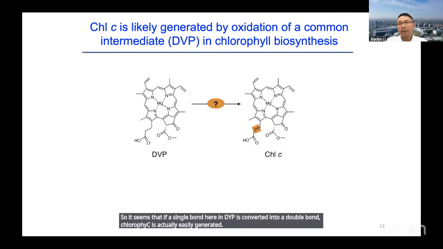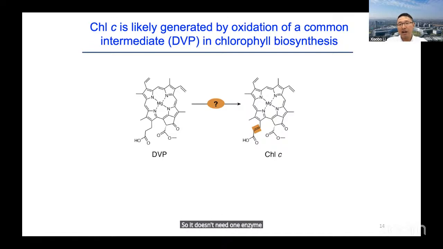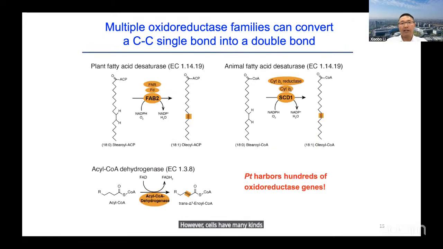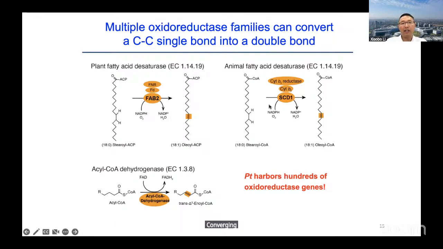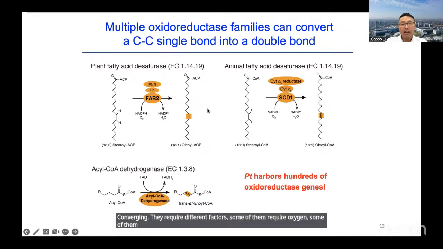So we just need one enzyme, an enzyme that can convert a single bond to a double bond. However, cells have many kinds of oxidative reductases. Many of them have the ability to enable single bond to double bond conversion. They require different factors. Some of them require oxygen, some of them do not. So if we consider all of them, there are hundreds of candidates to try.